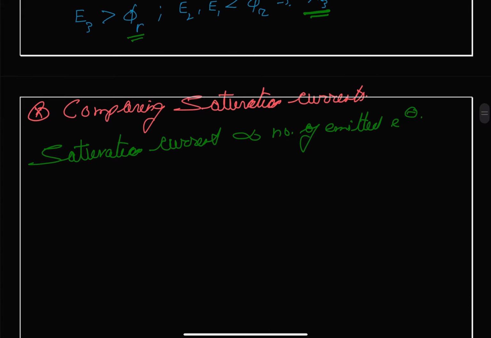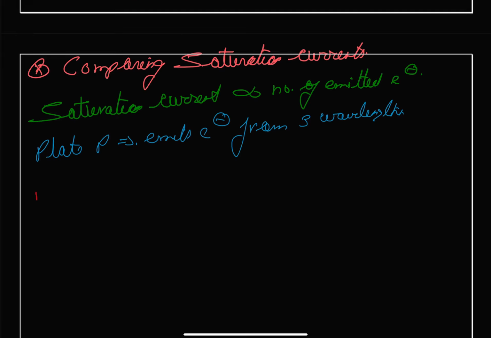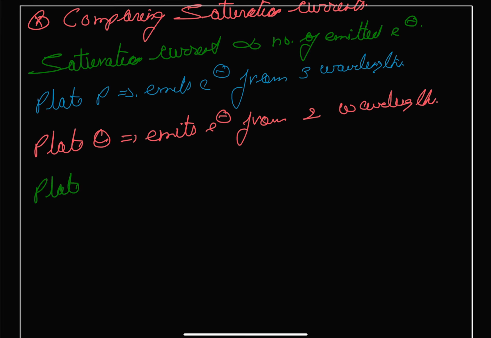So we can say that our plate P emits electrons from 3 wavelengths, and plate Q emits electrons from 2 wavelengths, and finally we have plate R emits electrons from 1 wavelength.